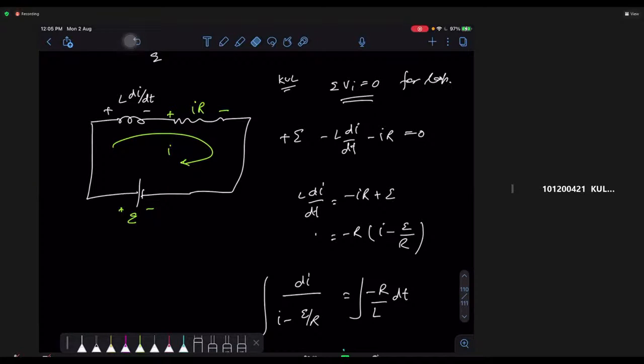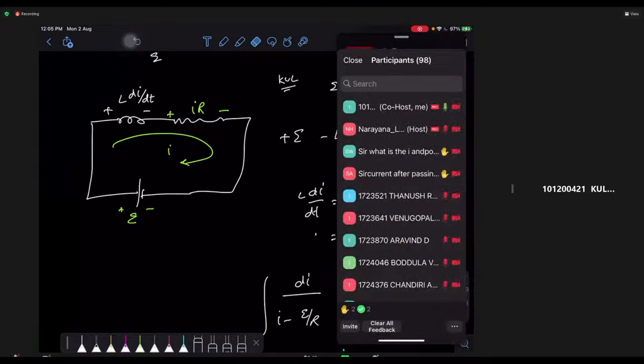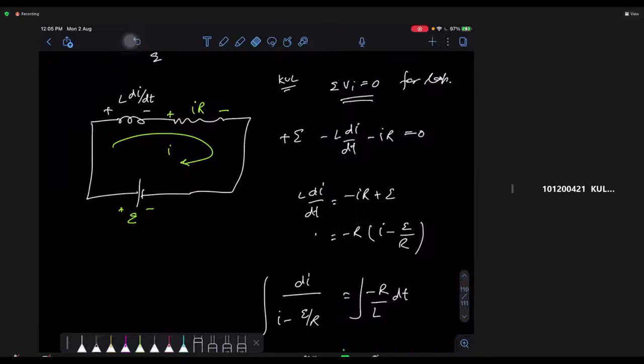The conceptual meaning of the negative sign we discussed in Faraday's law: EMF always opposes its reason. Again, Lenz's law says the negative sign indicates that flux change opposes its cause. But in the circuit, it also has a polarity meaning, so you can take this negative sign with polarity.